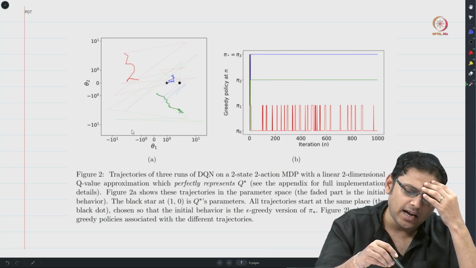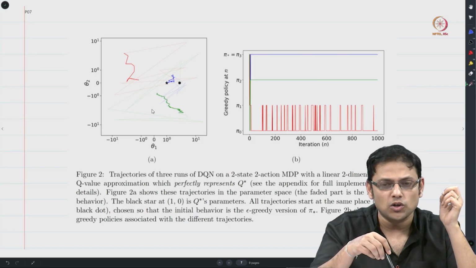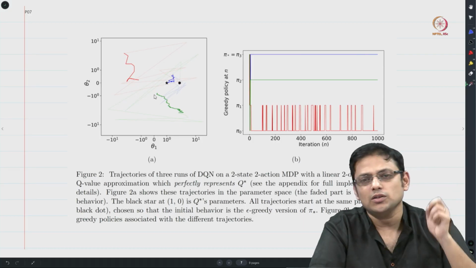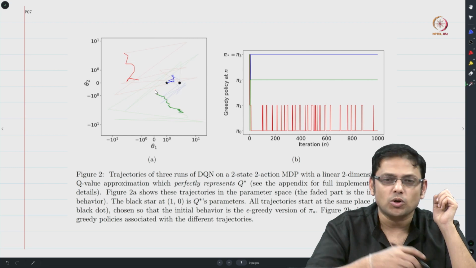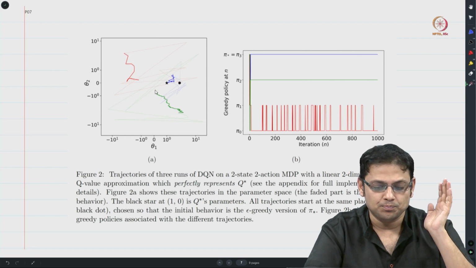For the red trajectory it seems to be converging over here. The green trajectory seems to be converging over here, and the blue trajectory alone seems to be converging to this star, which corresponds to the theta star associated with your optimal q value function.